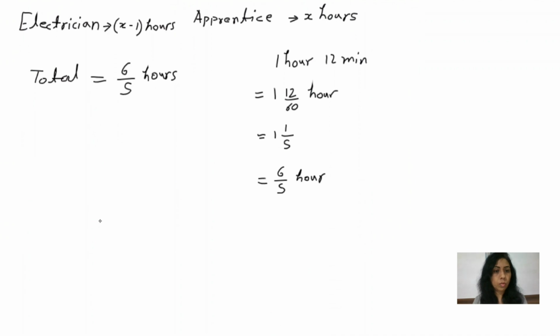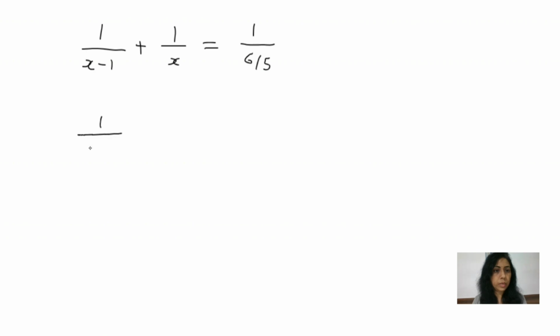So our equation will be 1 upon x minus 1 plus 1 upon x is equal to 1 upon the total, 6 upon 5. So 1 upon x minus 1 plus 1 upon x is equal to 5 upon 6.